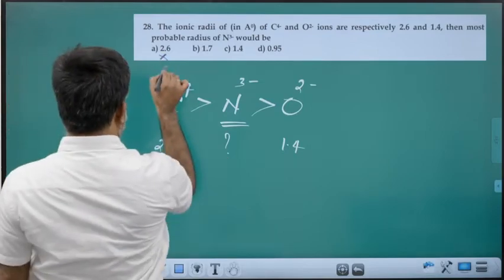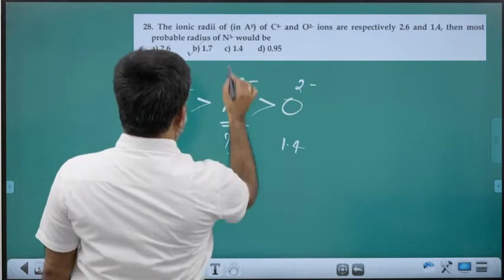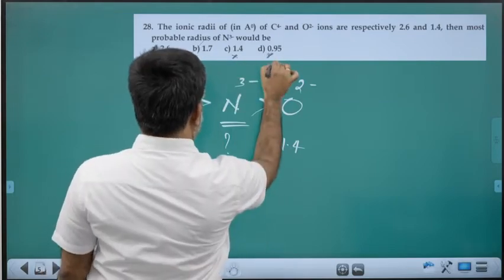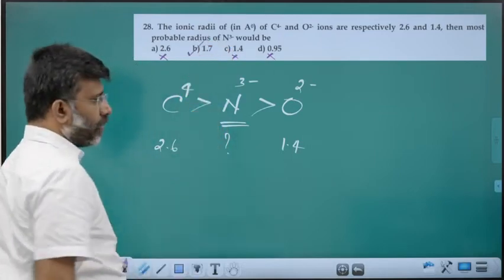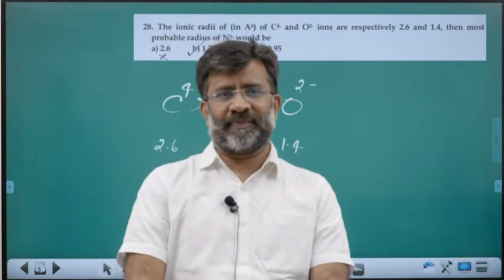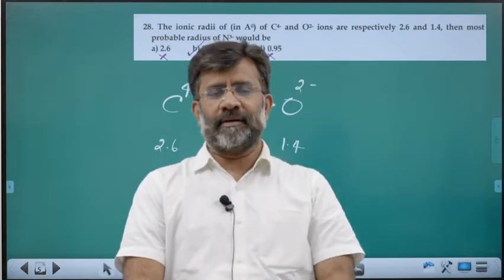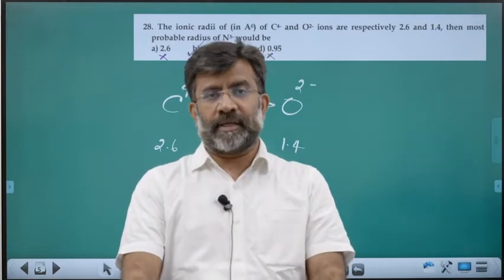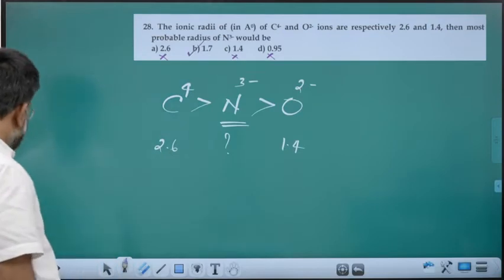It cannot be 2.6, it cannot be 1.4, it cannot be 0.95, only one answer fits, 1.7. We don't know whether it is exactly 1.7, but it can be that choice among the list because it comes between the two. Okay, next.